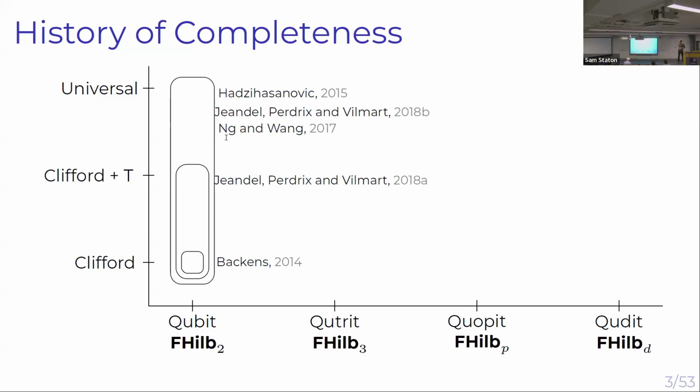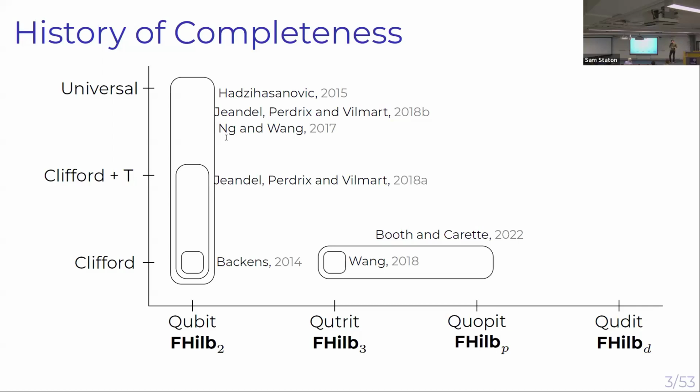In the meantime, this is all qubits, FHilb 2, right? Another result we have had was from Harny, the co-author of the paper, who showed the completeness of the qutrit Clifford ZX calculus. And recently we have had a result from Robert and Tituan showing that all odd prime dimensional ZX calculi are complete for the Clifford fragments.